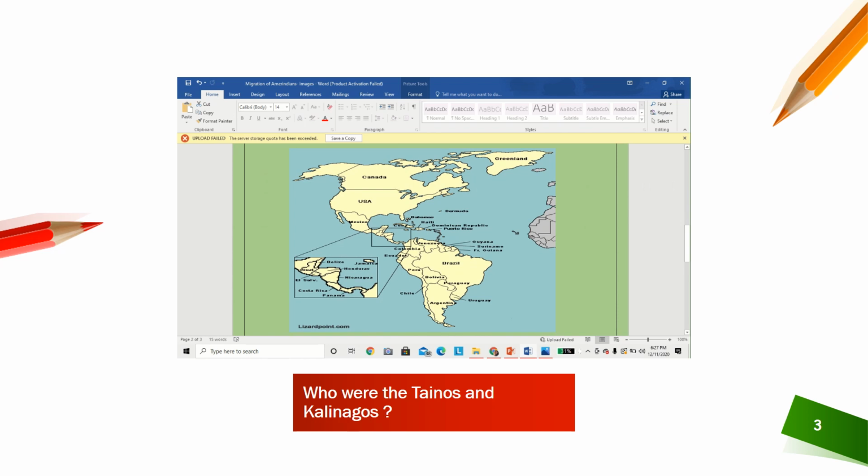They migrated through North America, South America, and entered the Caribbean.